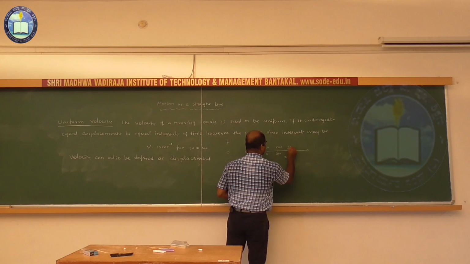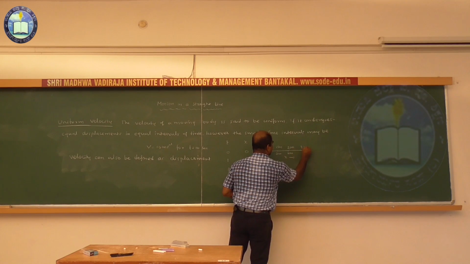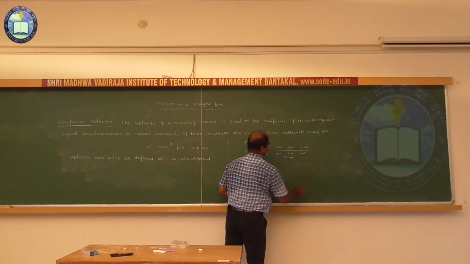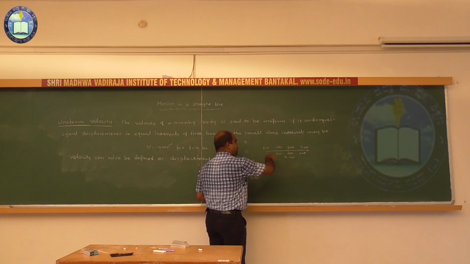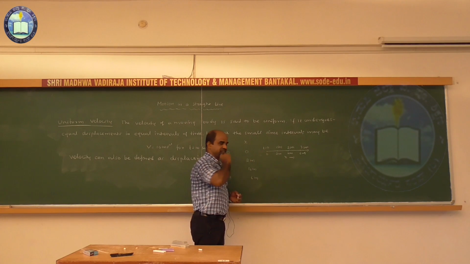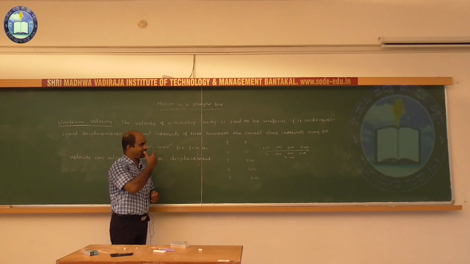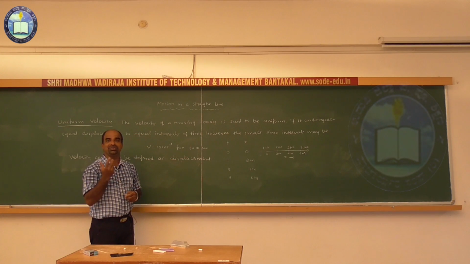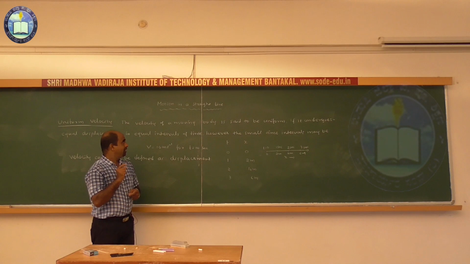At t equal to 2 seconds, the body is at 4 meter. At t equal to 3 seconds, the body is at 6 meters. In each 1 second, the change in position of the body is 2 meter along the same direction. The velocity of this body is said to be what? Uniform. Got it?